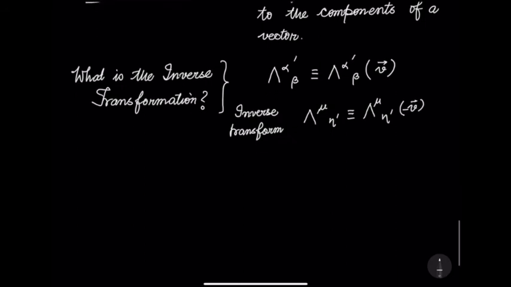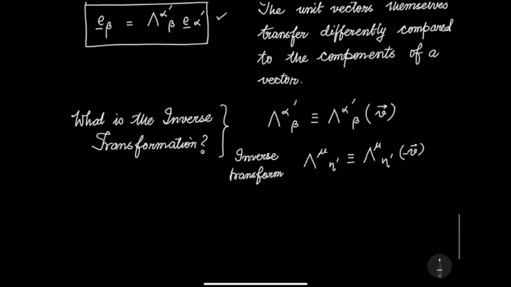What is this telling you? This is telling you that if I write the transformation rule of the unit vectors here, like e alpha prime, the inverse transformation rule, let me write the v explicitly here because that is important for this discussion.